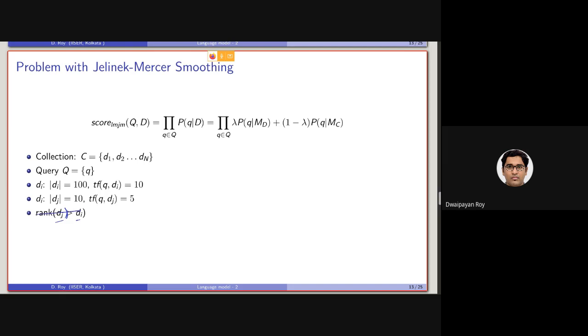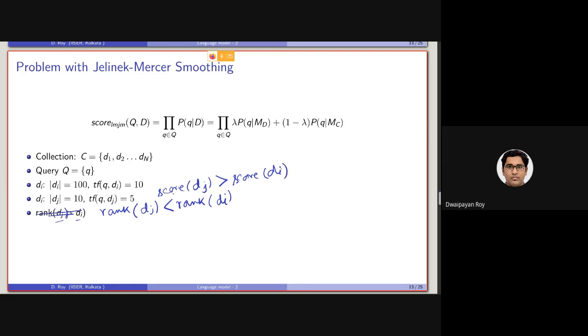What I intend to write is basically rank of DJ will be less than rank of DI, because score of DJ will be greater than score of DI, isn't it?